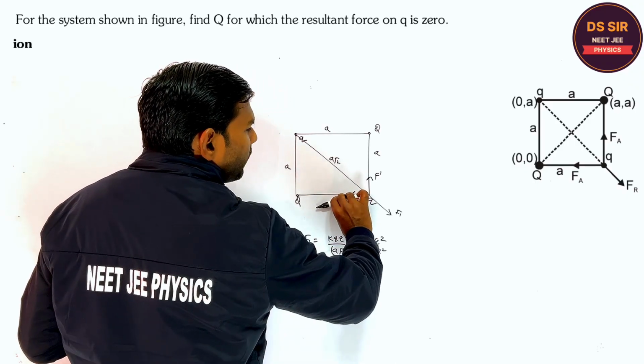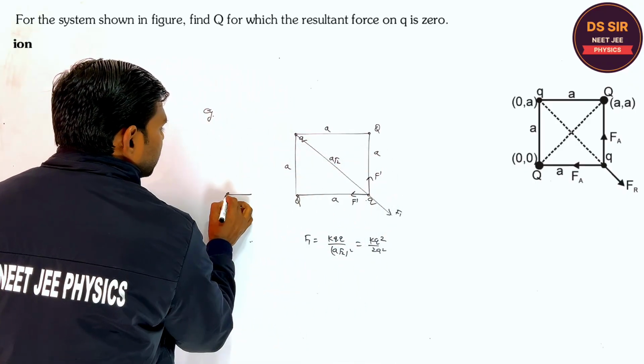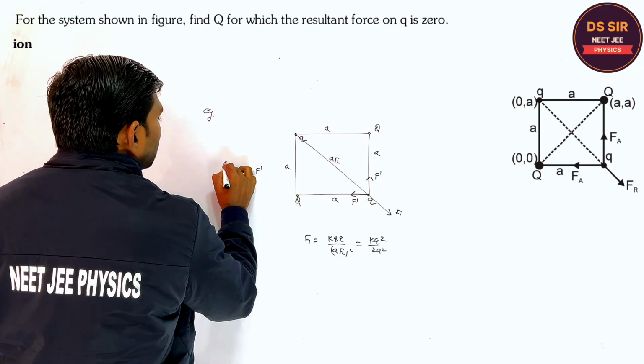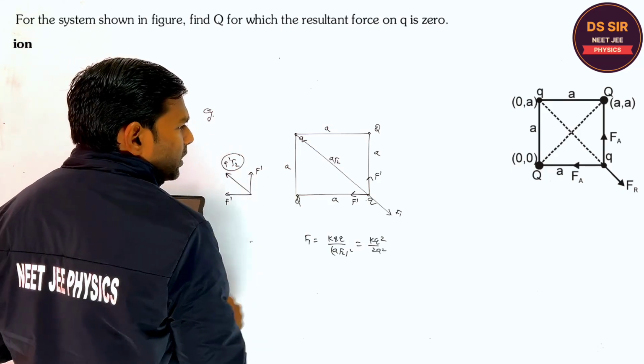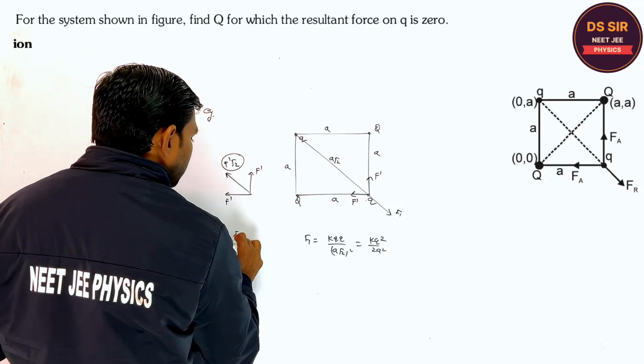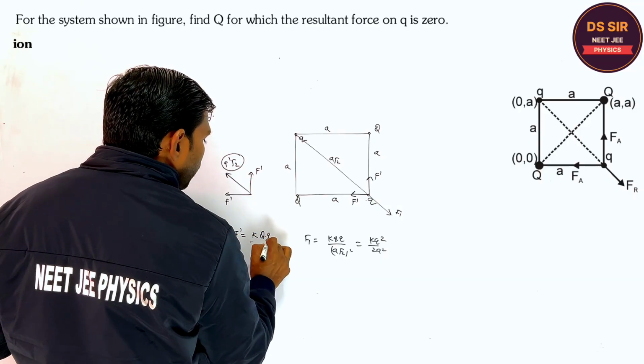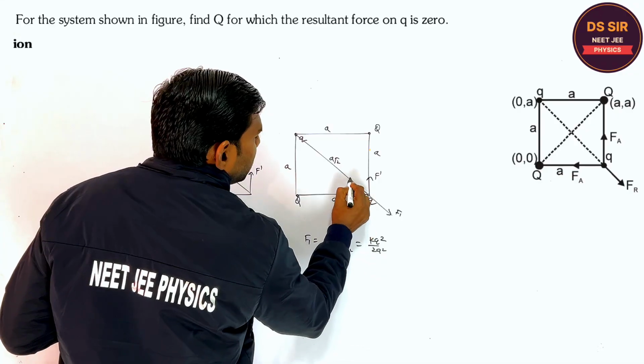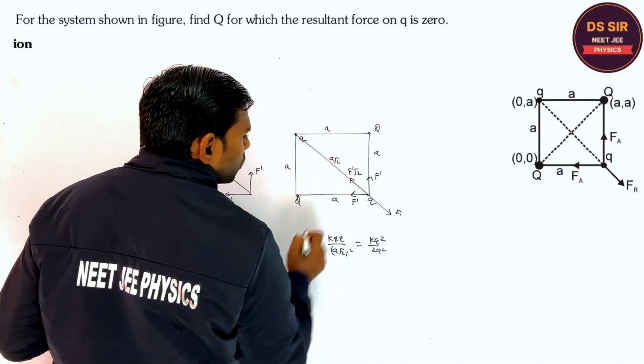What is the resultant of F dash and F dash? F dash root 2. And what is the value of F dash? It is equal to KQq upon A square. So the resultant of this is F dash root 2.